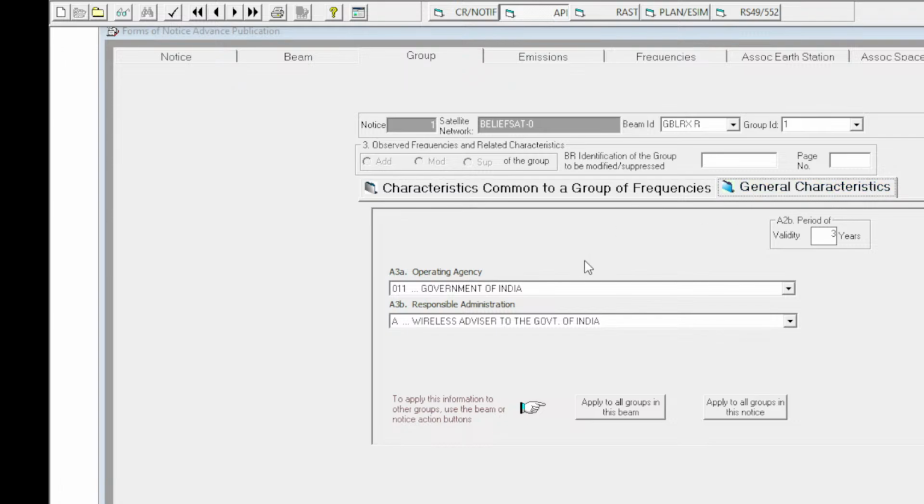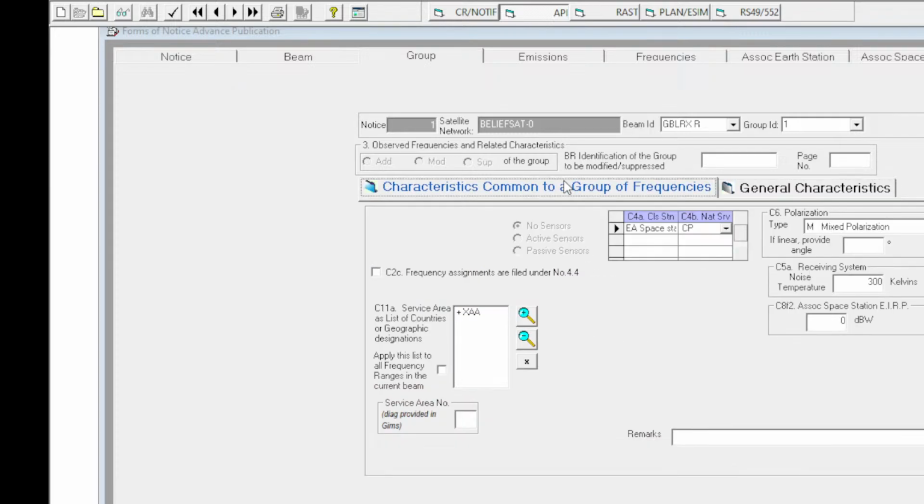The operating agency would be the Government of India, the responsible administration, Government of India. Period of validity, it's a short duration mission, so we have kept it at 3 years. Sometimes the software gives errors from saving each and every detail. That was in version 9.1.